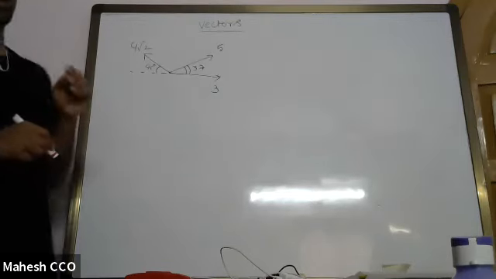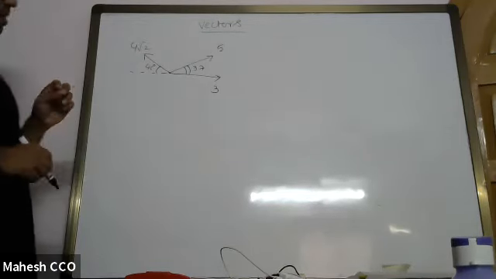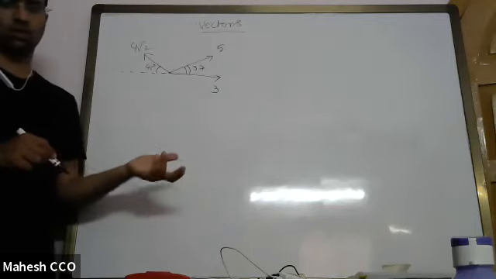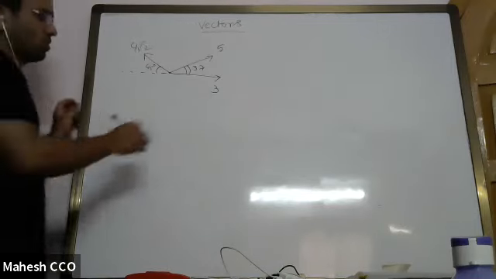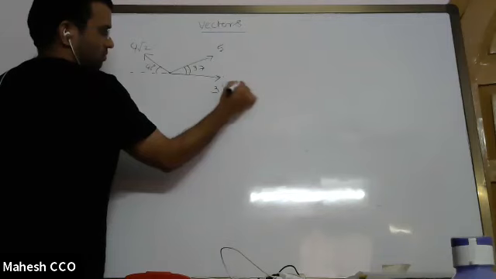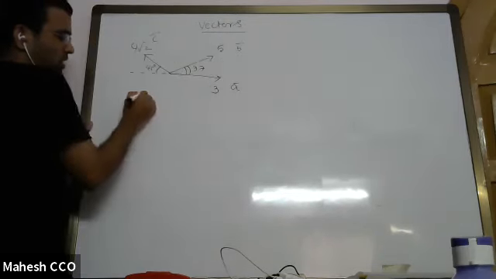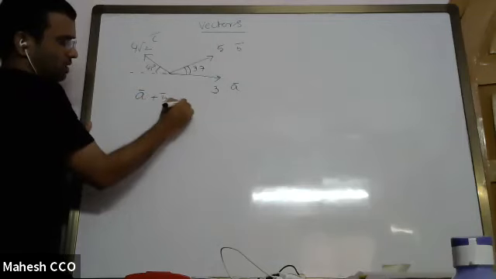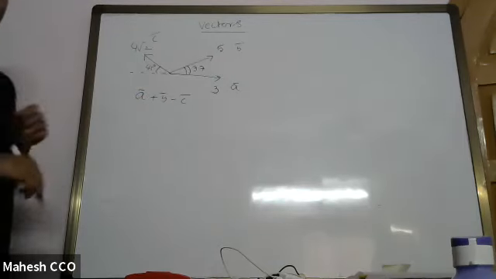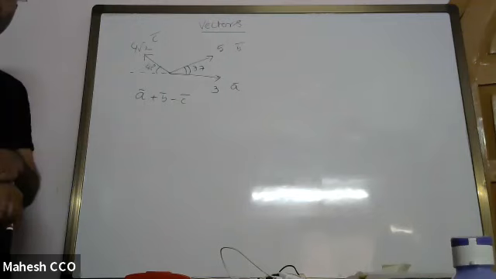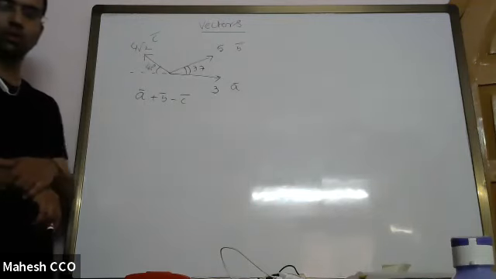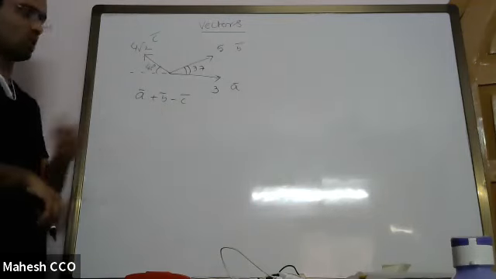Now, if I am asked for the sum of the three vectors or subtraction, whatever. Suppose this is A bar, this is B bar, this is C bar. Then somebody asks us for A bar plus B bar minus C bar. What angle it makes with the x-axis, or what is its magnitude, all those things.